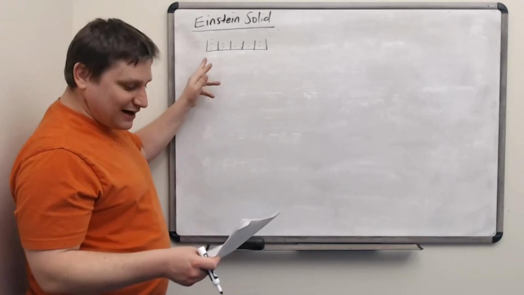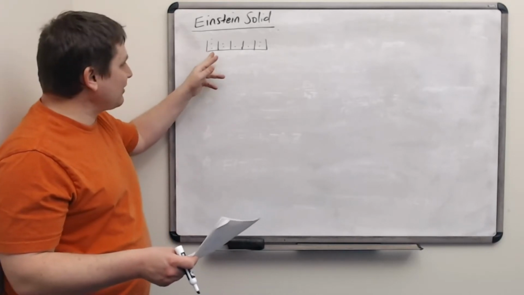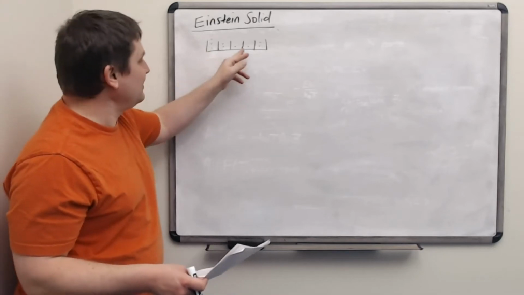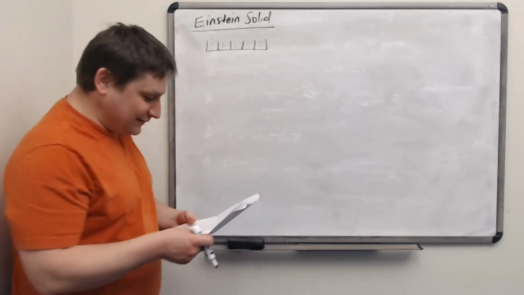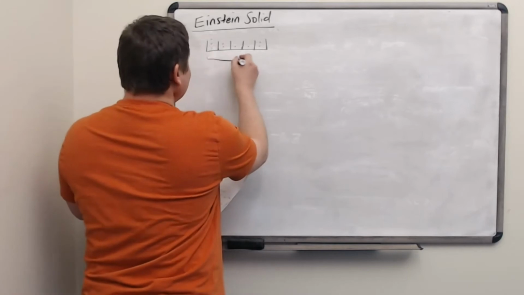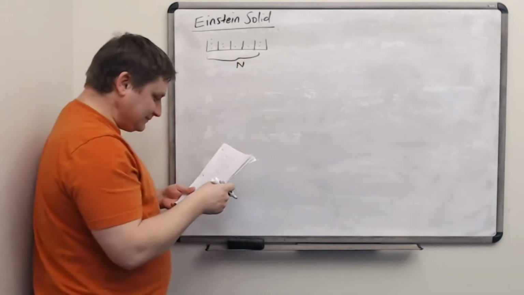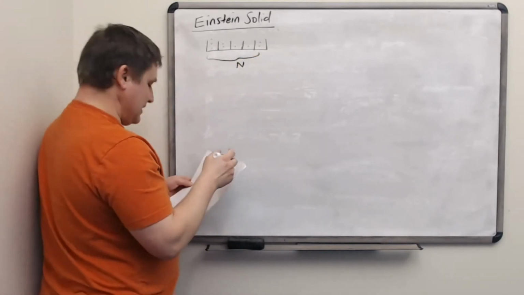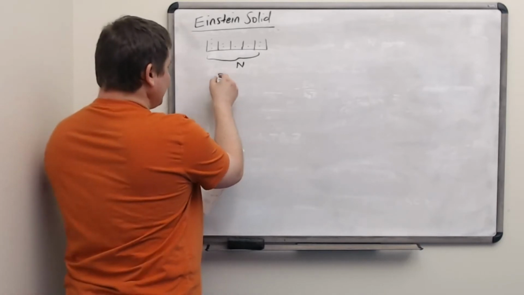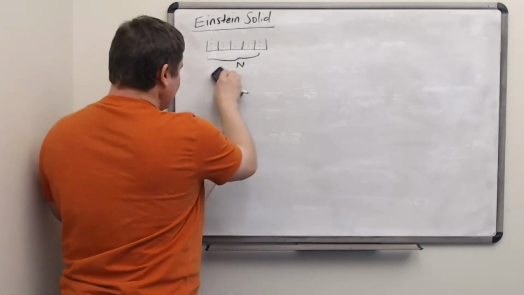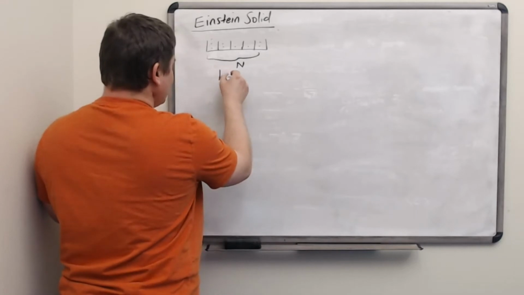So remember the model was we put a certain number of energy quanta in each atom in the solid. There's n atoms, and so to specify the state of the system, we've been calling this our K value, right?